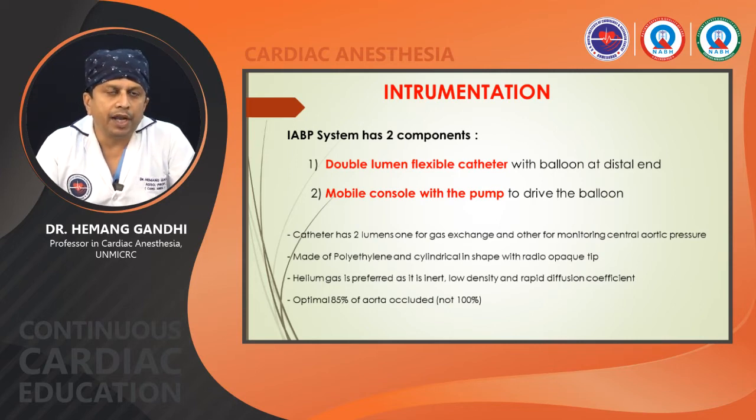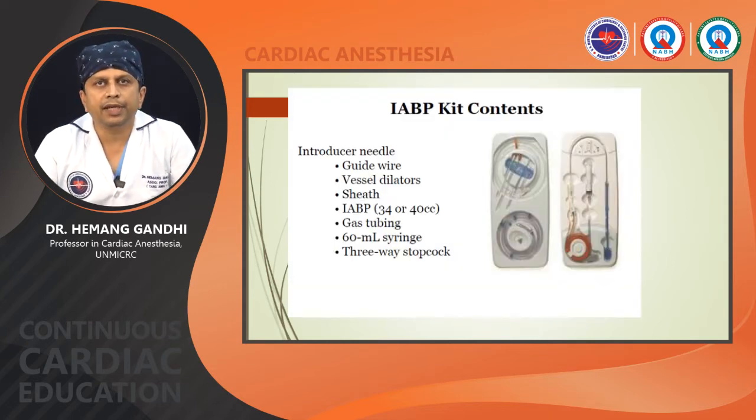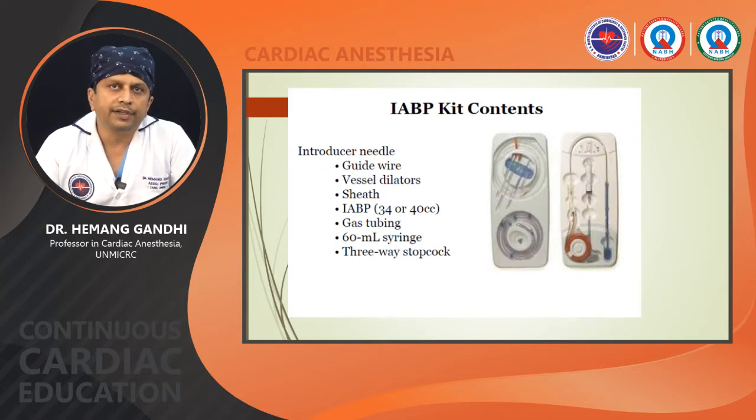And optimally 85% of the aorta should be occluded with this balloon. No need to occlude 100% of the aorta. This IABP kit has two boxes. One box contains the guide wire, dilators, sheath for balloon insertion, gas tubing and three-way stopcock, and the other on the right side includes the IABP catheter of whatever size you selected with the 60 ml syringe.